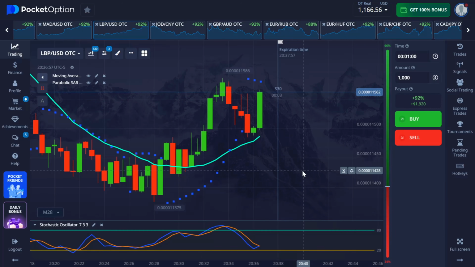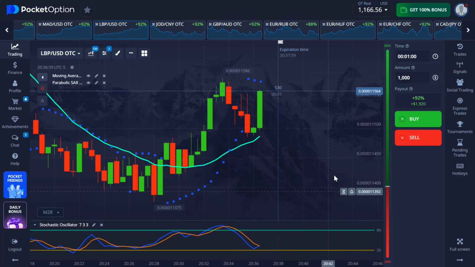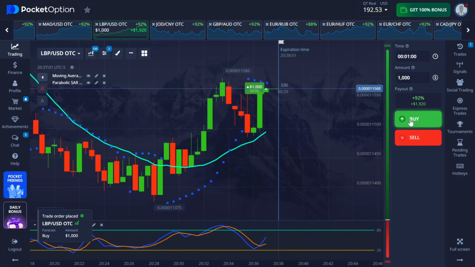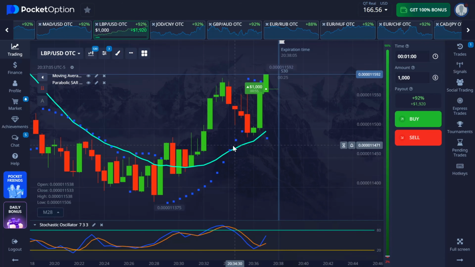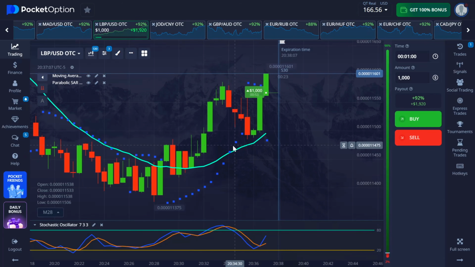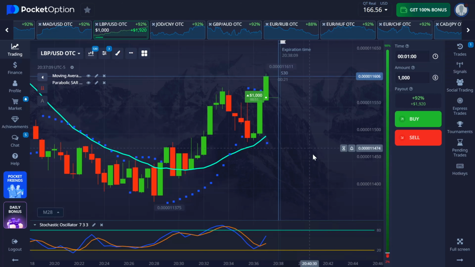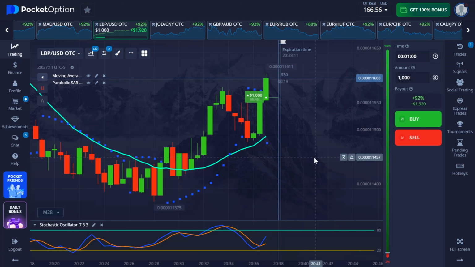Alright, this will be my first trade. I can see the price is oversold, right? And we are above the moving average, right? And I could see the candlestick pattern also. It's super strong, because not all candlestick patterns are strong.